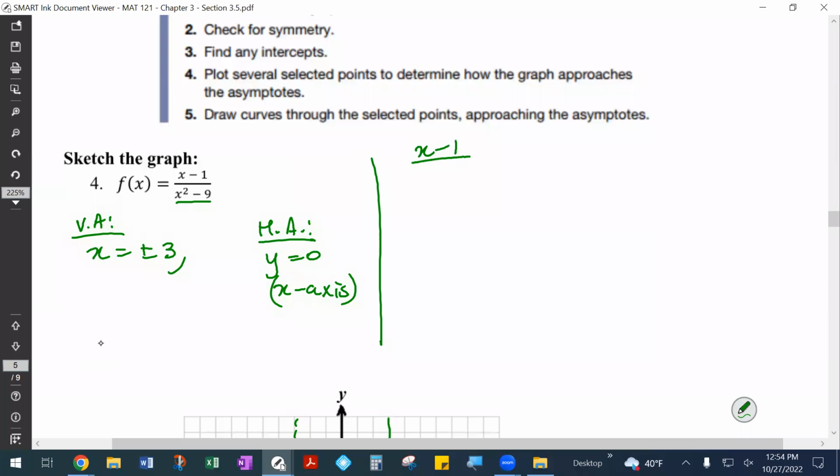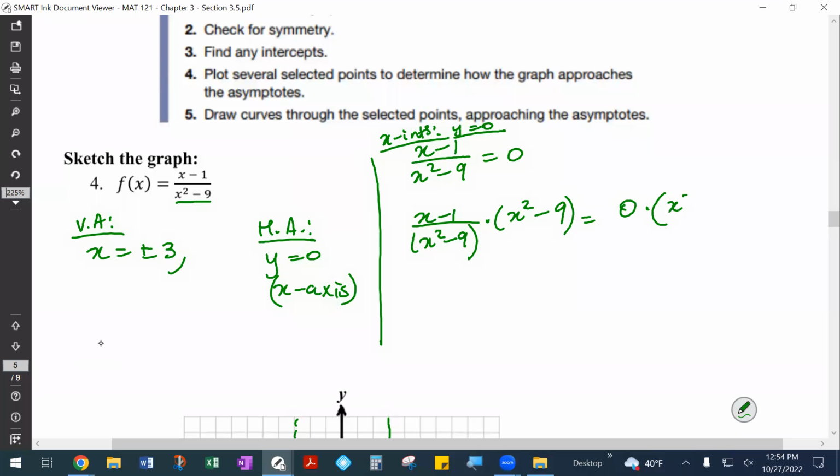When you're trying to find your x and y intercepts for equations like these, we would of course make our y value 0 to find the x intercepts. To even get anywhere in solving this, we would need to take our denominator and multiply it on both sides, which will get rid of that denominator completely. 0 multiplied by anything is 0.